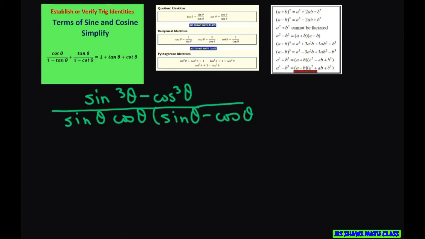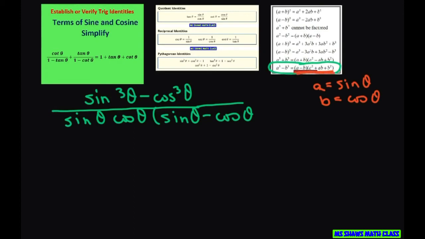Now what we have is difference of cubes. So our form is like this, and our A is sine of theta, and our B is cosine of theta. So we're going to expand it here.